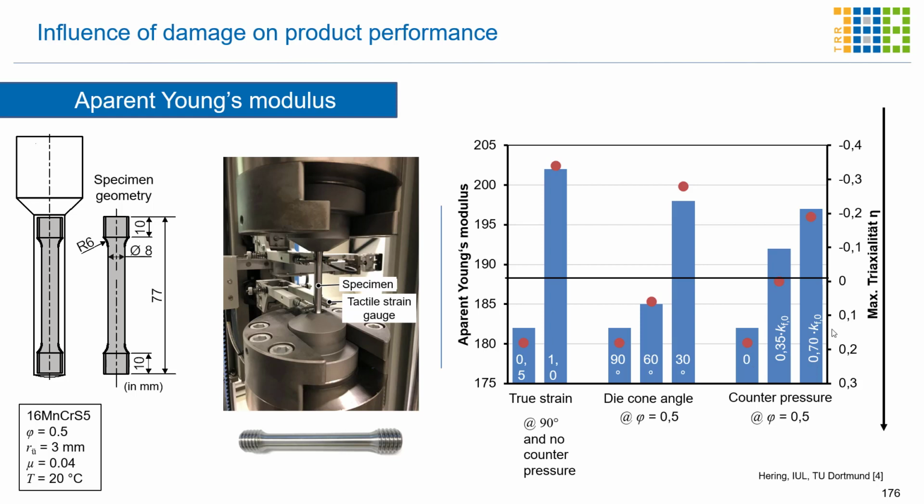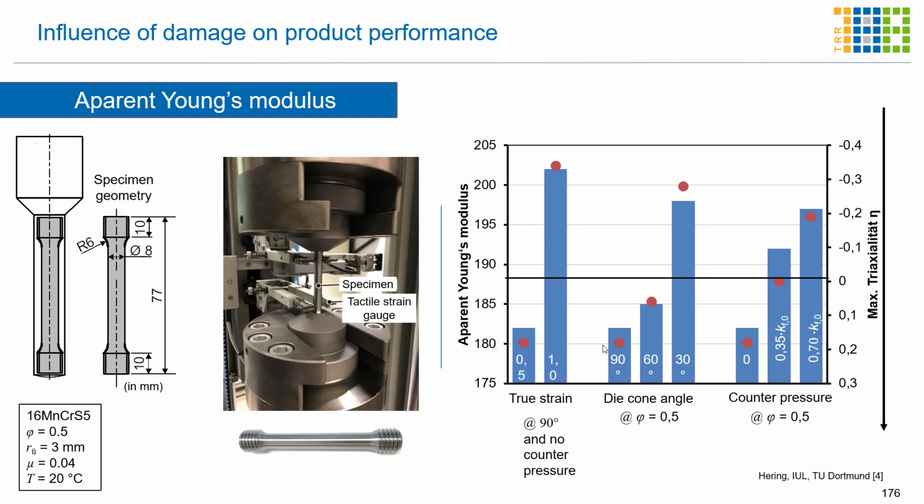So these three specimens only differ in the damage, and the one with a higher counter pressure has less damage and a higher apparent Young's modulus. So we can say that with less damage the stiffness is higher, and this also holds for different shoulder opening angles, as you can see.